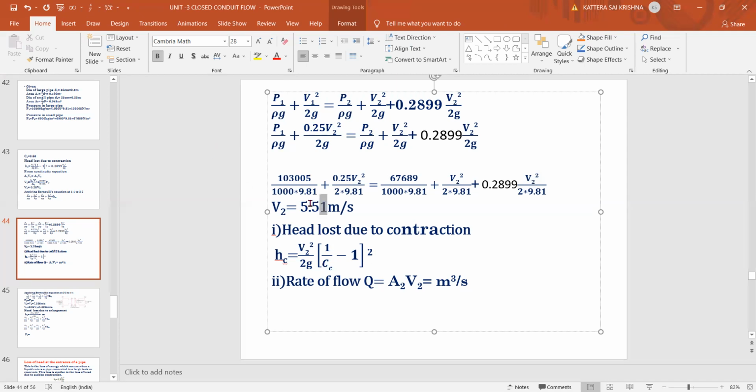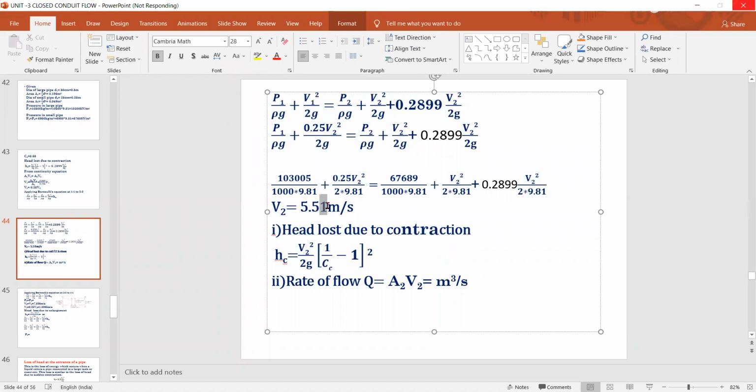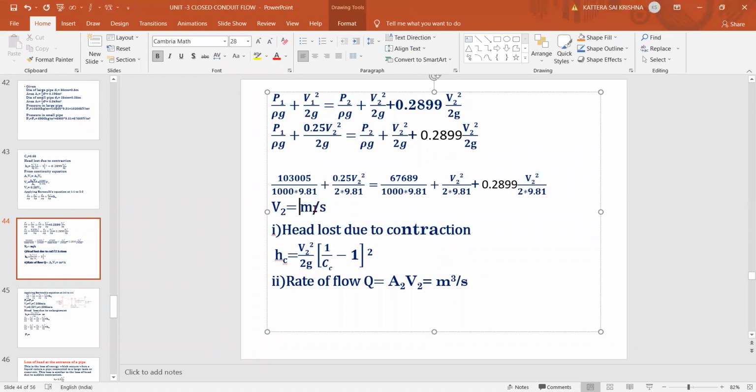So please tell me the velocity. Calculate the velocity here. So find V2 from the above equation. Calculate it slowly. It is very lengthy actually. Slowly you can do it.